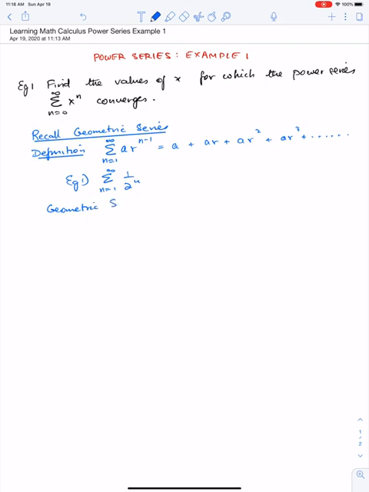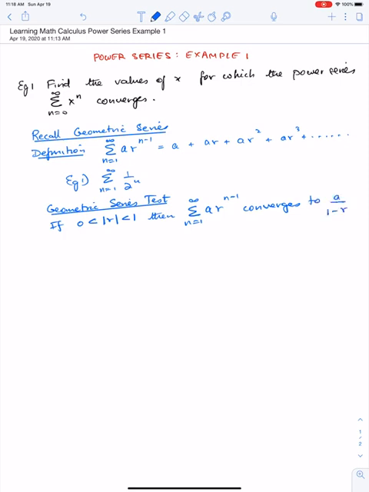Geometric series test: if 0 is less than the absolute value of r, which is less than 1, then the geometric series summation ar to the n minus 1 converges to a over 1 minus r.